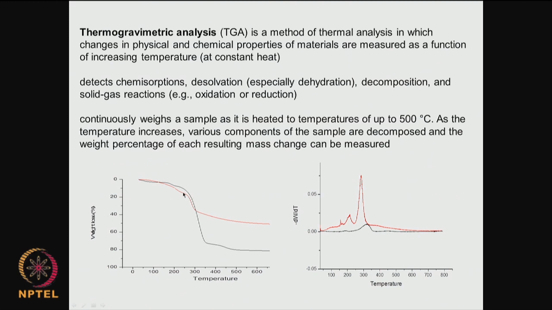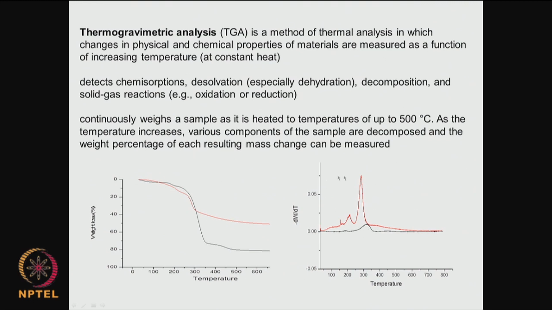So, that makes a lot of sense, and also when you take a differential, dW by dT, and plot that, you can see here. So, this red one, for example, this particular material is losing weight especially at this temperature, whereas this material is losing at this particular temperature.